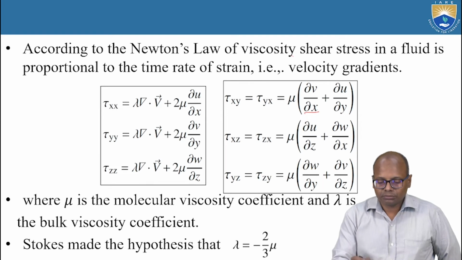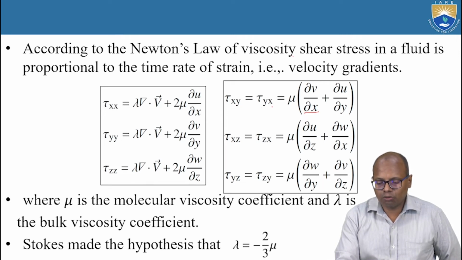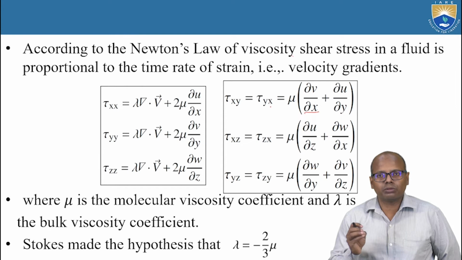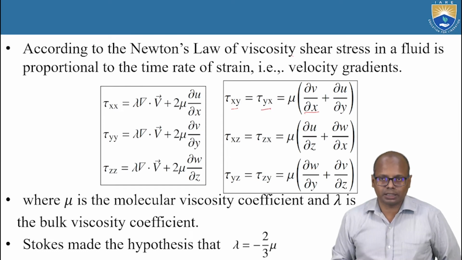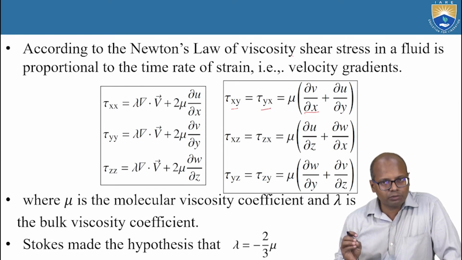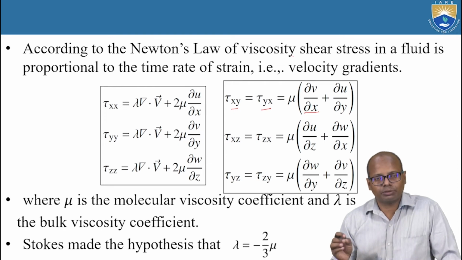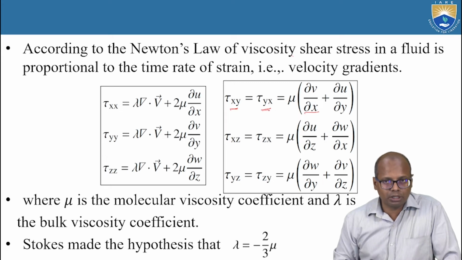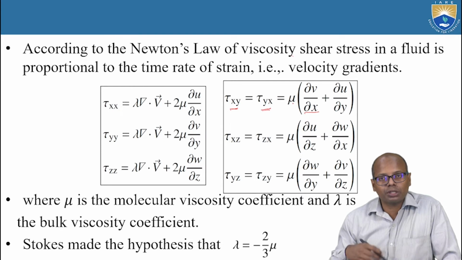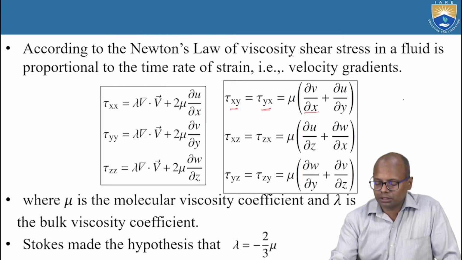Tau xy or tau yx, both are the same in magnitude, but they are acting in different directions. So tau xy is equal to tau yx. We are talking about magnitude here, that's why these two values are equal, and that is equal to the velocity gradient. Suppose this is the u velocity.